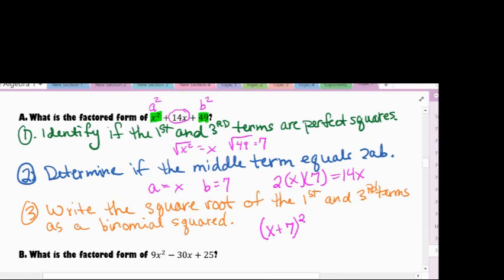Now the last little trick here is to take note that the middle term is positive, so our binomial will be positive in the middle. If you need this extra little note, you can write it. If you don't, you can skip writing that little piece.